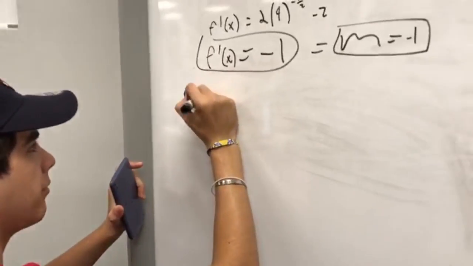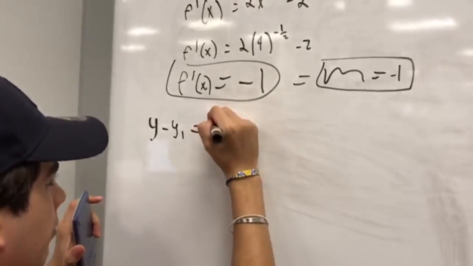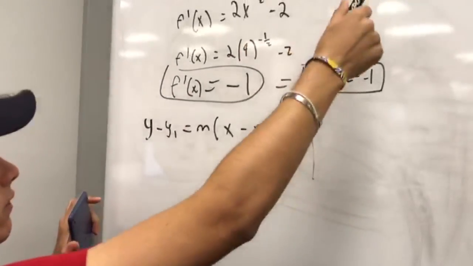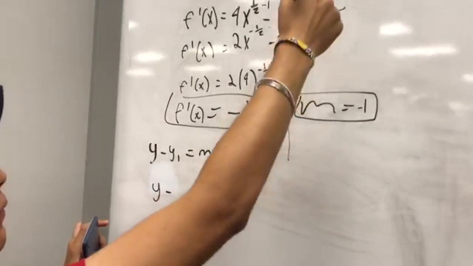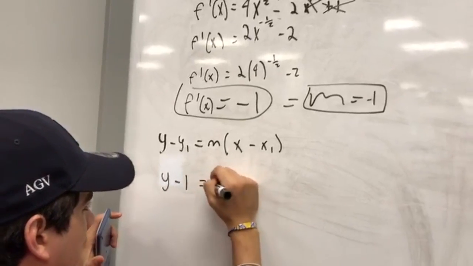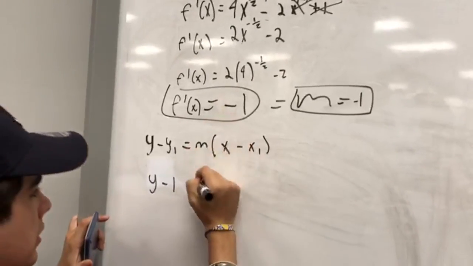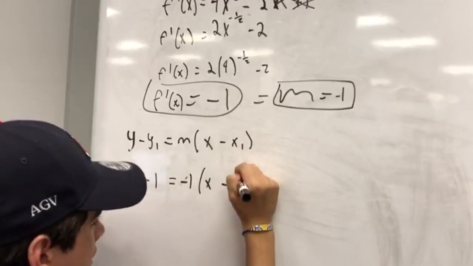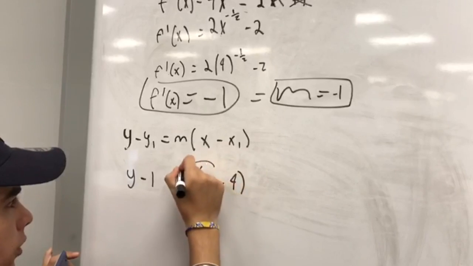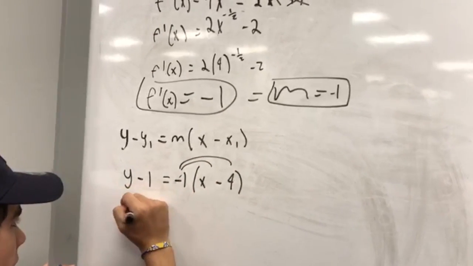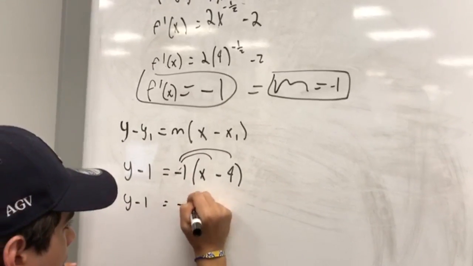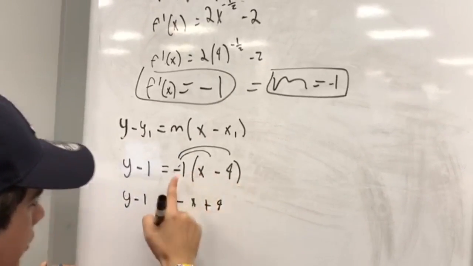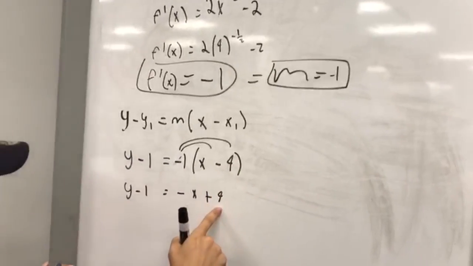The formula is y minus y1 equals m times x minus x1. You don't have y, you have y1, which is 1, m is negative 1, x you don't have, but you do have the x1, which is 4. Then you multiply, so it will be y minus 1 equals negative 1x, which converts to negative x, and then plus 4, because negative 1 times negative 4 equals positive 4.